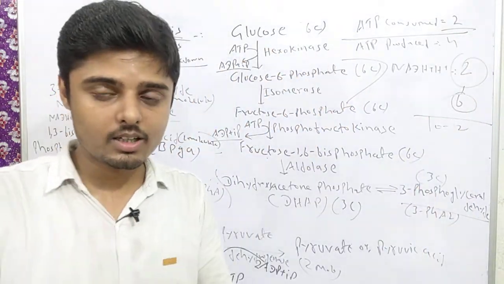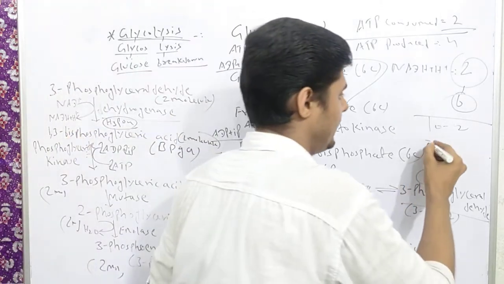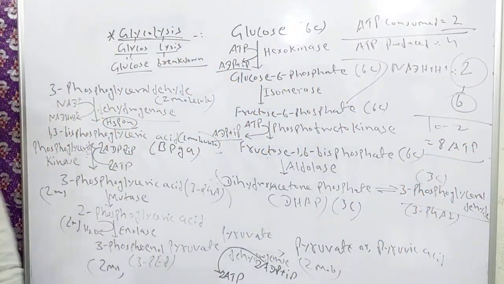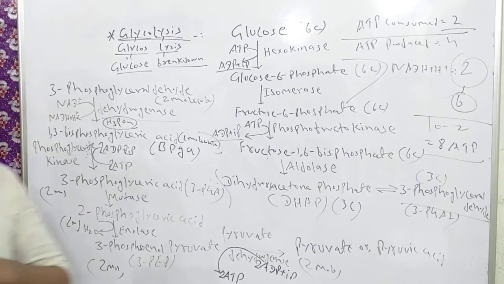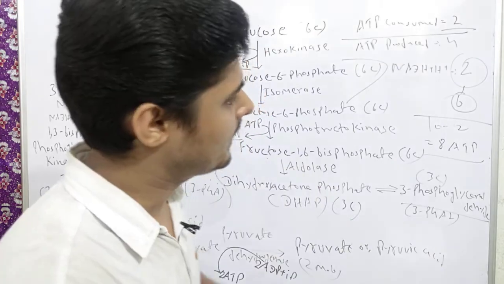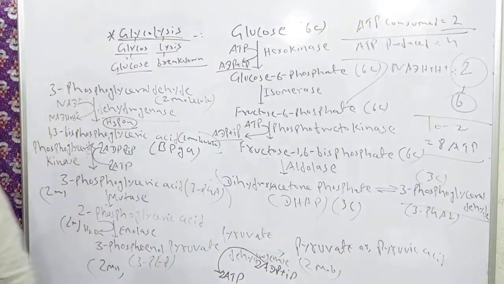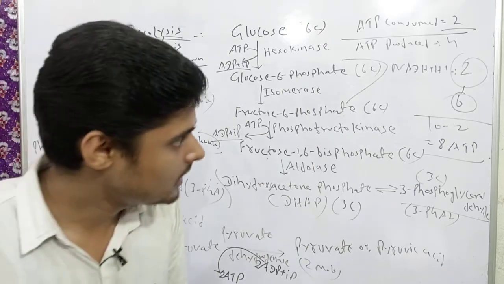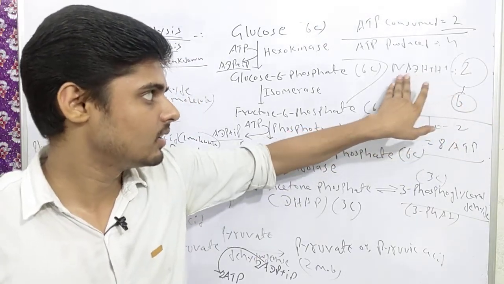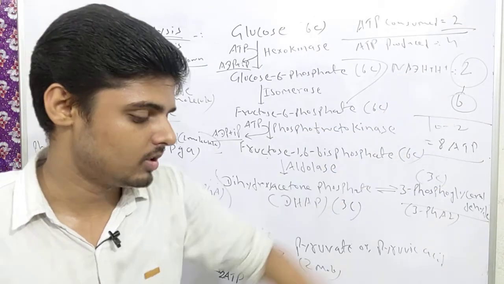So what will be the net ATP production? It will be 8 molecules of ATP, and this is the net output of glycolysis, and it happens everywhere, whether it is plant, animal or microbes. So 8 ATP gets produced after glycolysis, in which 6 are formed as NADH.